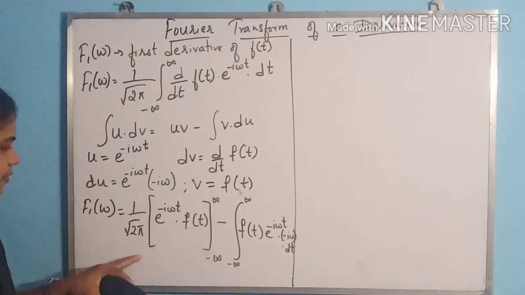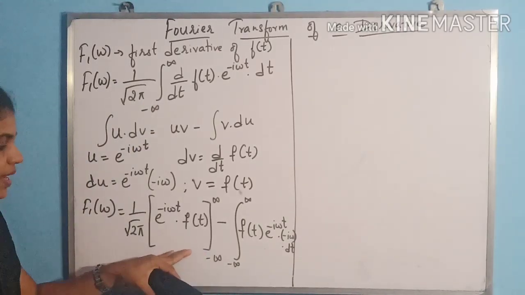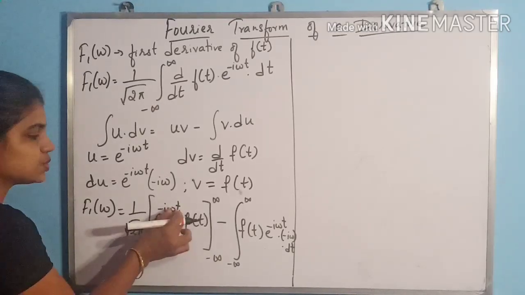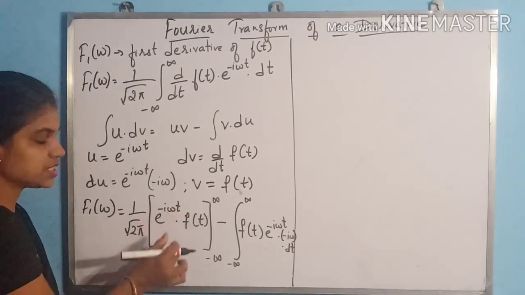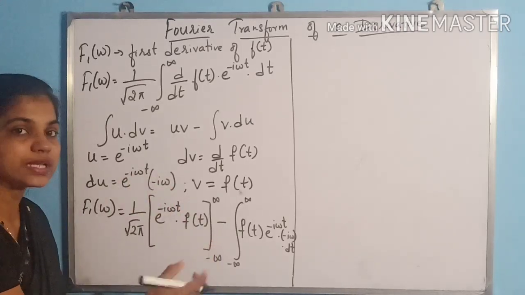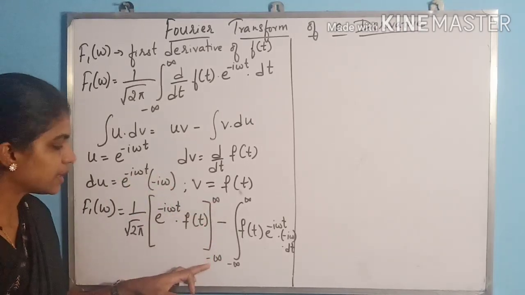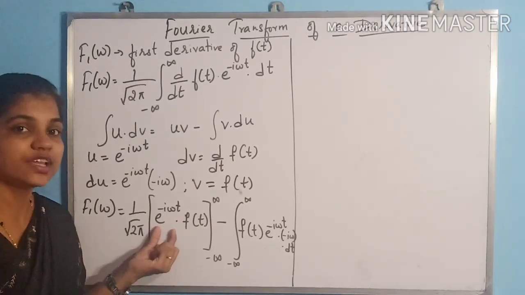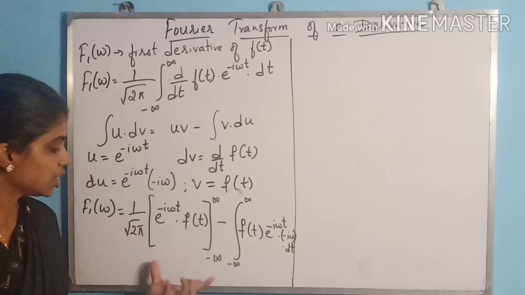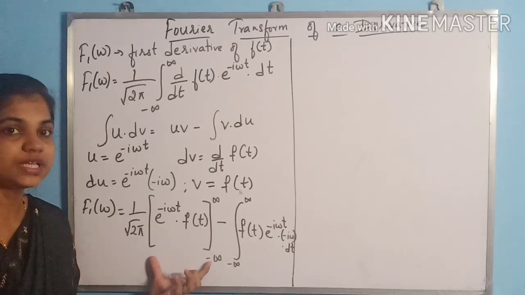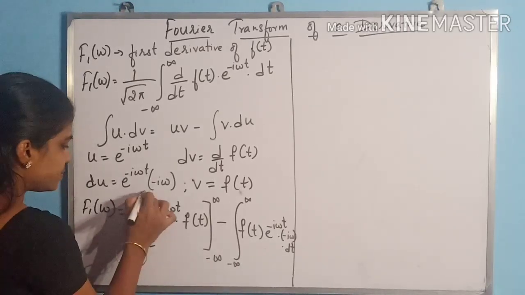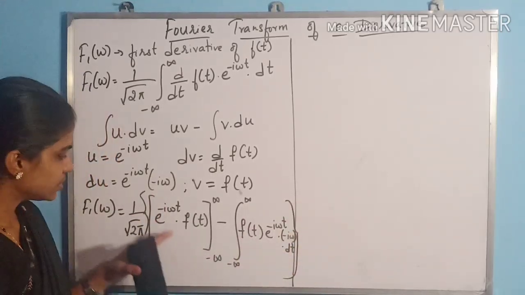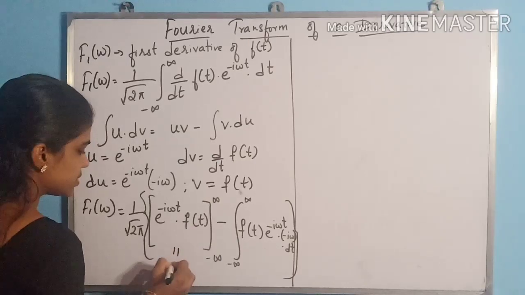Right? So if I apply the definite integrals, I see that e raised to plus infinity minus e raised to minus infinity, that is upper limit minus lower limit. In both cases, I get e to the power infinity, which is nothing but 0. So the first term becomes equal to 0, and 1 by root 2 pi is common for both.